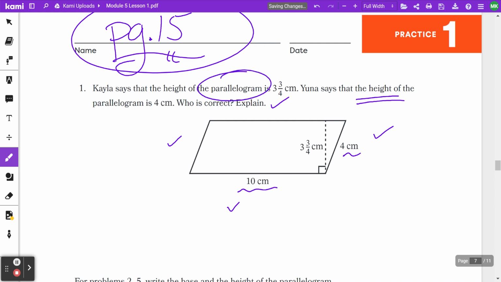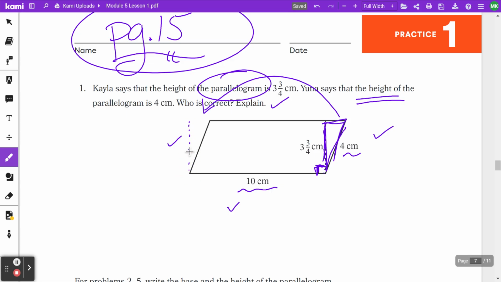However, here's the trick with a parallelogram. All parallelograms are really just rectangles that have been tilted off to the side a little bit. Here's what I mean by that. Do you see this right angle right here, and this dotted line cruising on up? What if I took this little triangle, cut it off, and put it right over there, maybe flipped it a little bit?